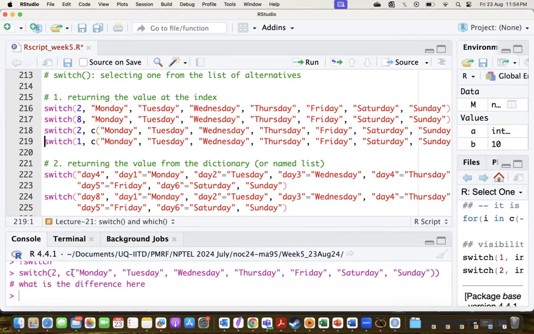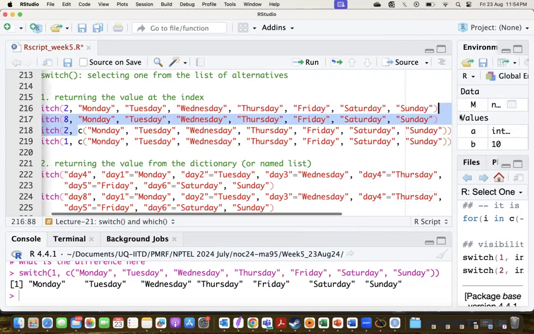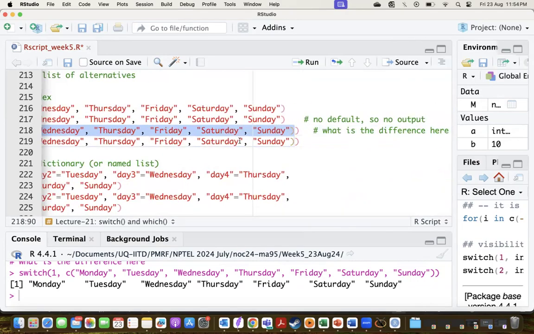Okay. So what happened here was, R does not split. So for R, this is one value, this is one value, and so on. Each of these is a single value. Likewise, this whole thing is also a single value.